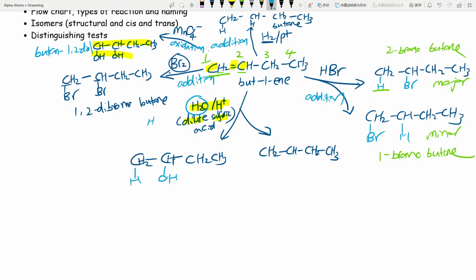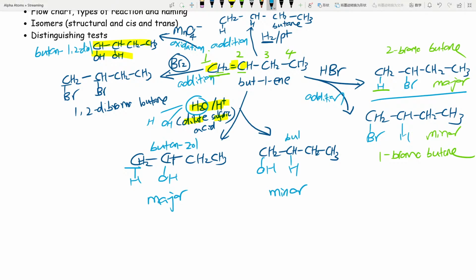Water is made of H and OH. And so these are your two products. Same concept as what we just discussed over here: this is going to be major and this is going to be minor. Why? Because this carbon already has more hydrogen bonded, so it's more likely to pick up another hydrogen. And how do we name this? This is called butan-2-ol. This is called butan-1-ol.